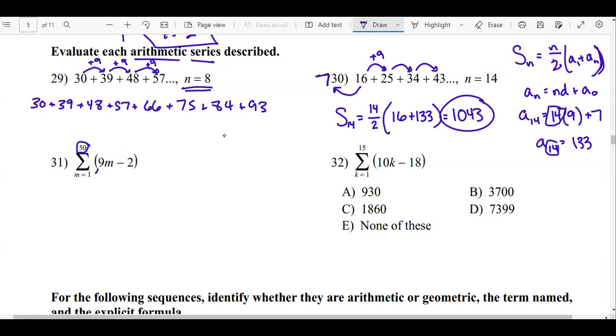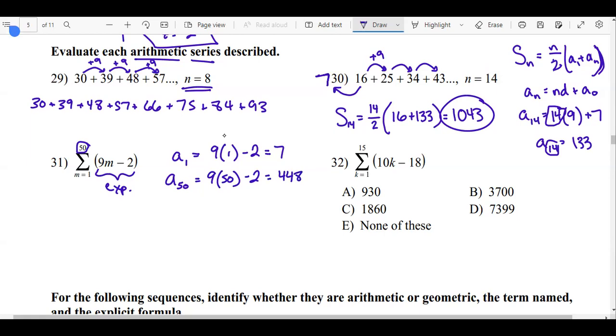So what is this thing right here? This is just the explicit formula. The explicit formula can tell you any term. So if I want to find term 1, that would just be 9 times 1 minus 2, which is 7. If I want to find the 50th term, that's just 9 times 50 minus 2, which is 448.